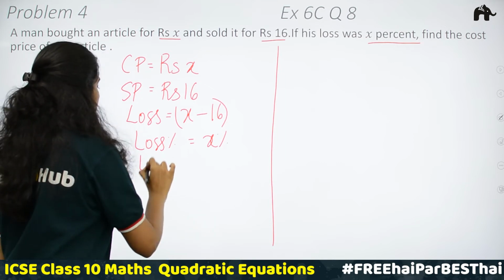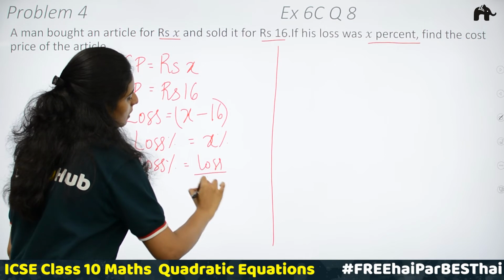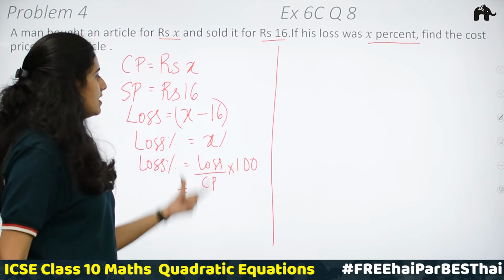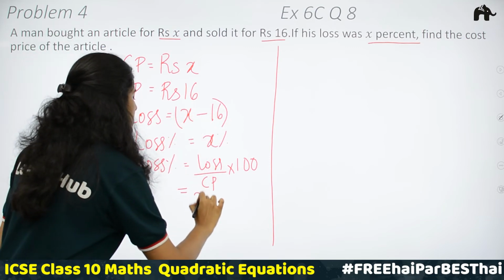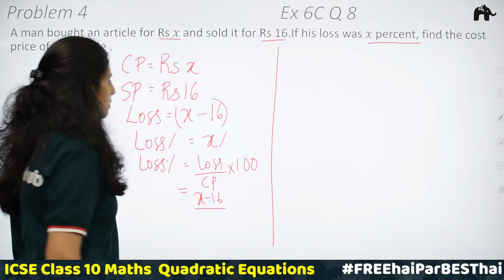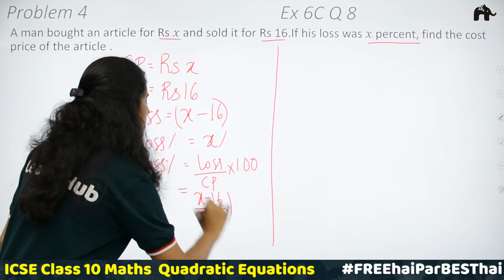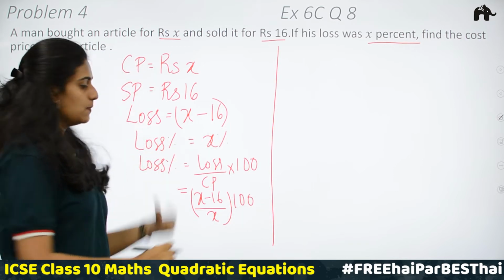Okay, we have loss percentage is equal to loss divided by cost price into 100. Here what is loss? Loss is X minus 16, divided by cost price, which is X, into 100, is equal to loss percentage, which is X percentage.